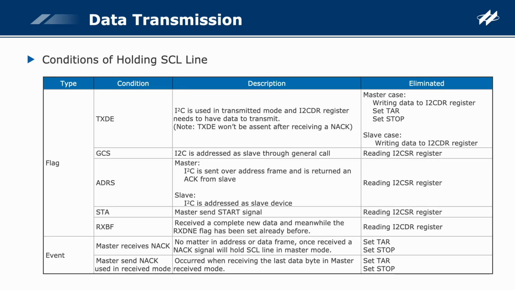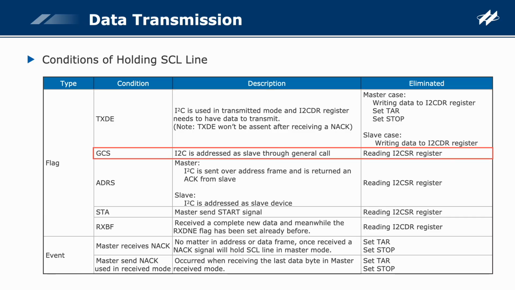In the I²C communication, the SCL line is used to synchronize the clock signal. When the SCL line is holding at a logic low state, the I²C data transfer will be stopped. The conditions of holding SCL line in the table are categorized into two types, flag and event. When the I²C is in the transmitter mode and the data needs to be written to the TX buffer, the SCL line will be held at a low state until the TX buffer is not empty.